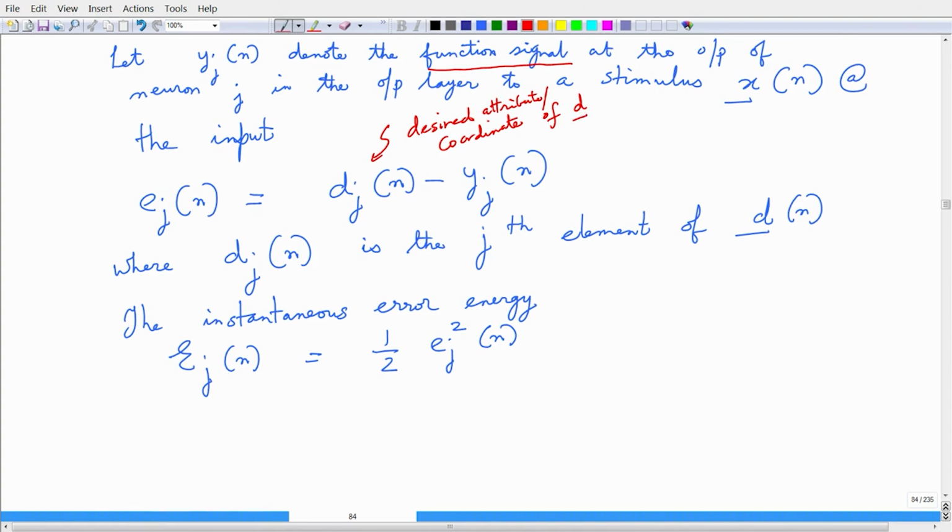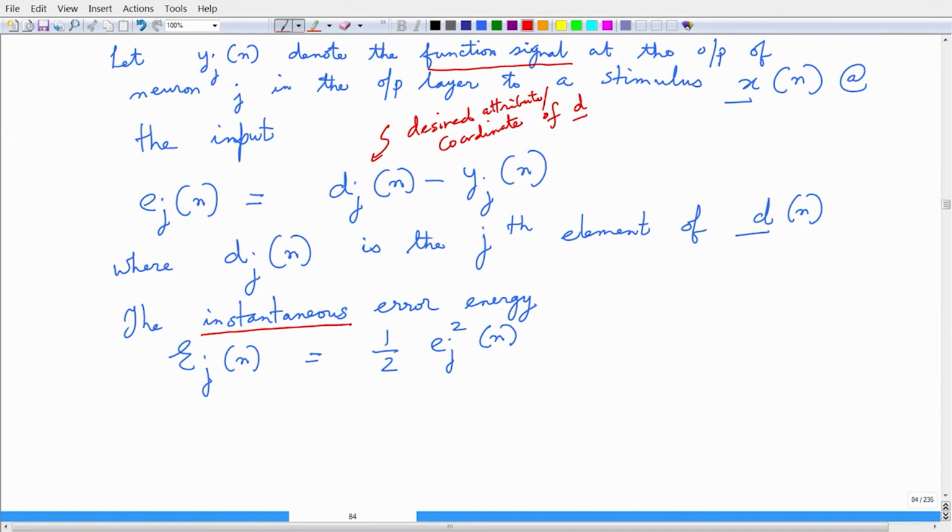Now, the error e suffix j of n is d suffix j of n minus y suffix j of n. Okay, this is how we formulate the error, because it is just a deviation between the desired and the functional signal. Now, we formulate the instantaneous error energy.